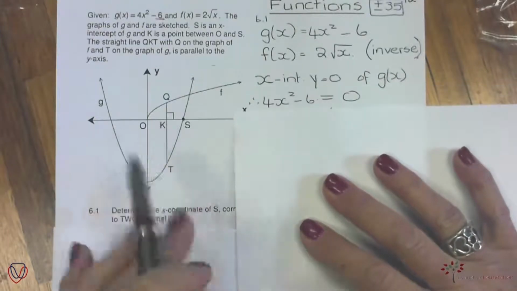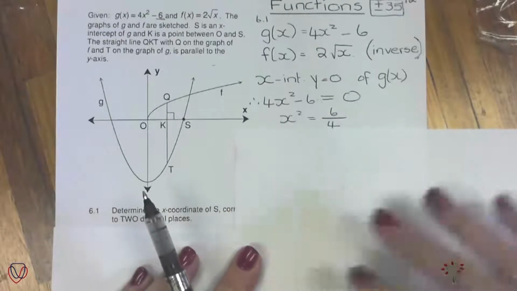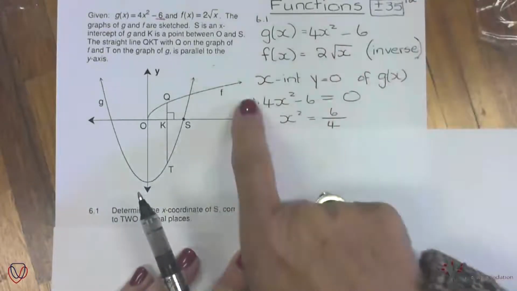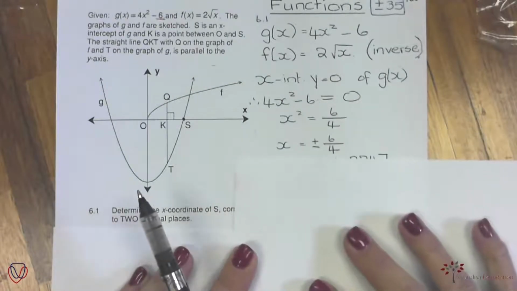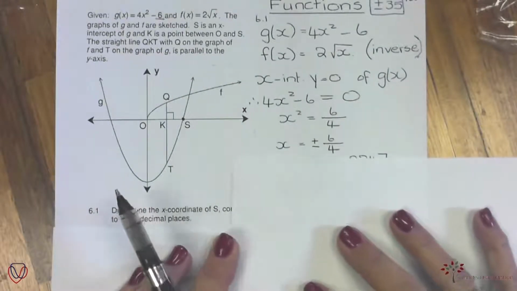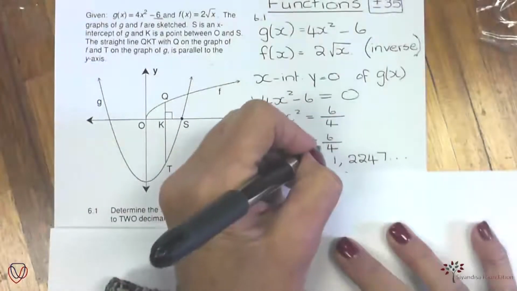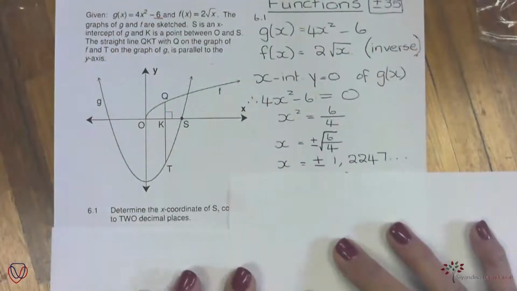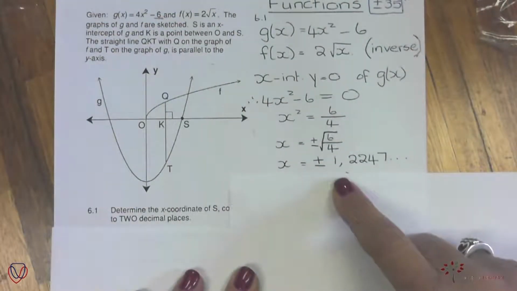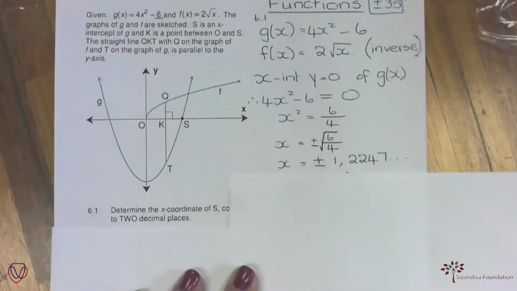And in your g(x), you make your y 0, there it is, and then you solve for x. x squared is 6 divided by 4. So x is going to be plus or minus the square root of 6 over 4. The square root of 6 over 4. And that gives me 1,2247, plus or negative.